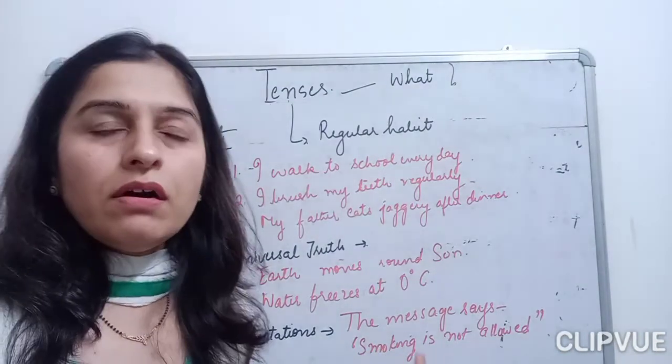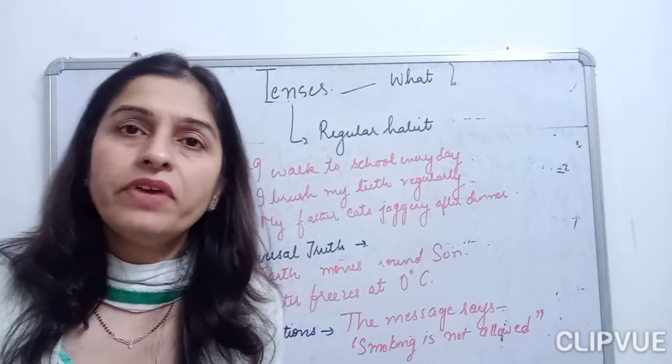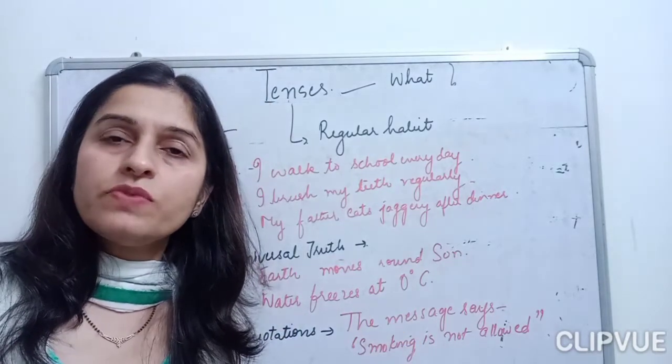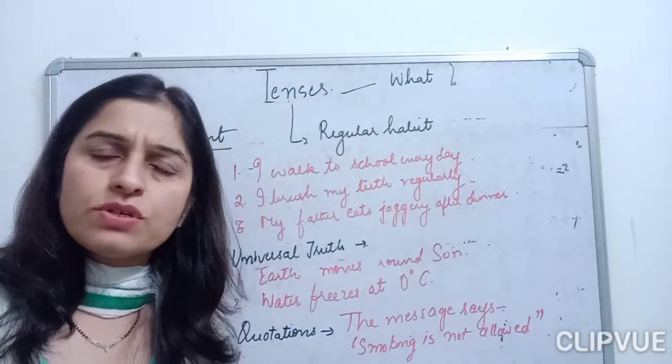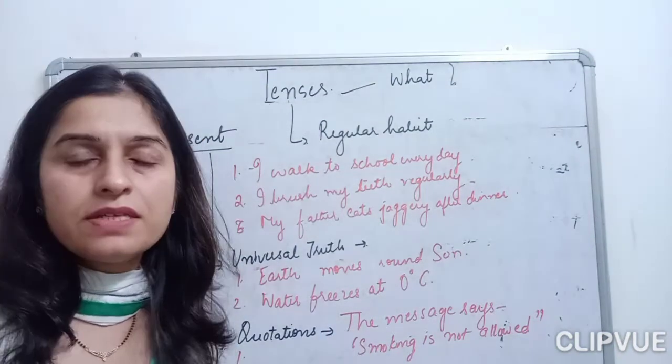Suppose you can say, time and tide waits for none. Okay, so this is a fixed message which is for everyone, there is no change. So such quotations come under the present tense.